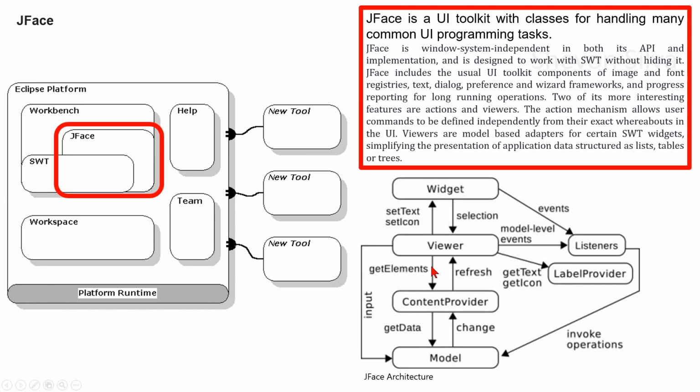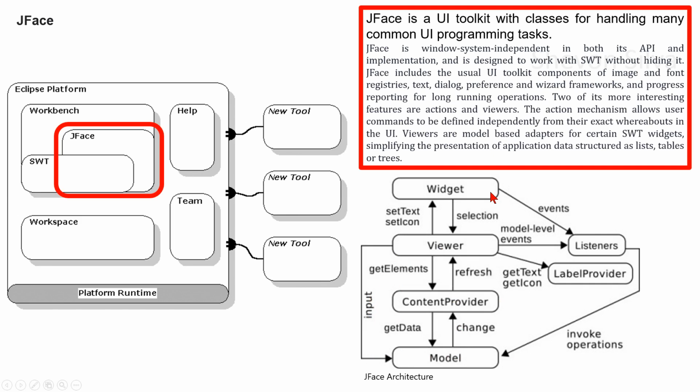Get elements are passed from viewer to content provider, and refresh is passed from content provider to viewer. The content provider interacts with the model. Get data is passed from content provider to model, and change is passed from model to content provider. The viewer is connected to the model, and input is passed from viewer to model.